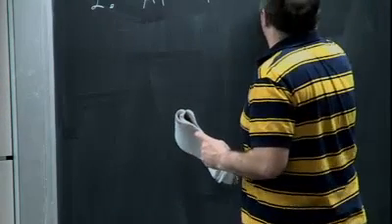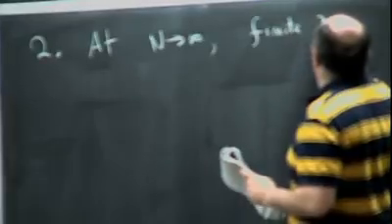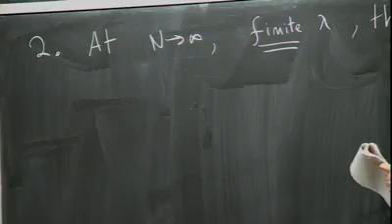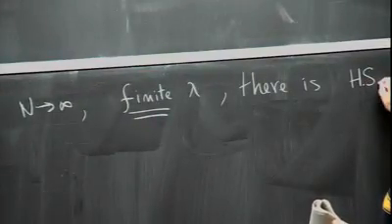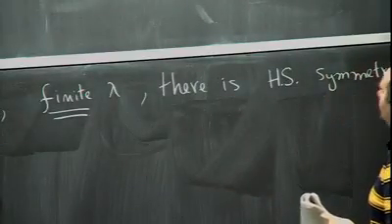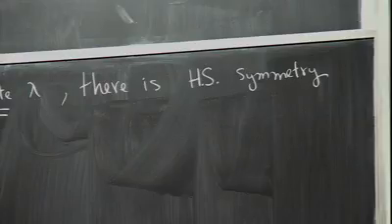So at n going to infinity and finite lambda, not just lambda equals 0, there is higher spin symmetry. This observation then means that whatever this deformation is of the bulk dual higher spin theories, it should still be a higher spin theory at the classical level.